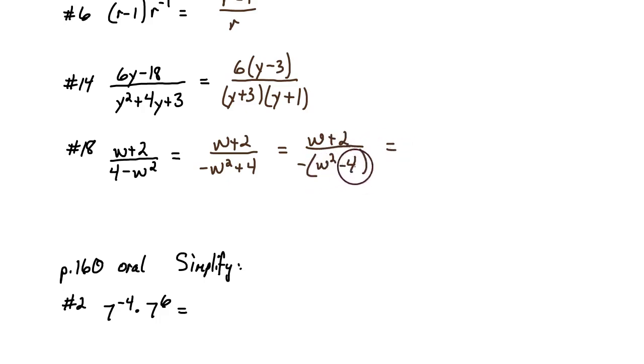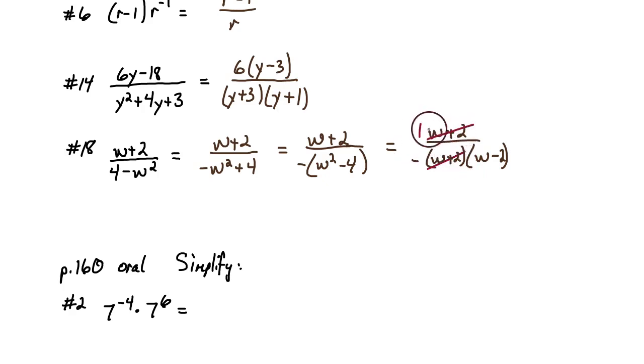But w squared minus 4 is a difference of squares, so we can go farther. In the bottom, we have our negative sign, and then 2 sets of parentheses. W plus 2 times w minus 2. We did all that work to see if it would reduce, and now we can tell that the w plus 2 cancels the w plus 2, leaving a 1.